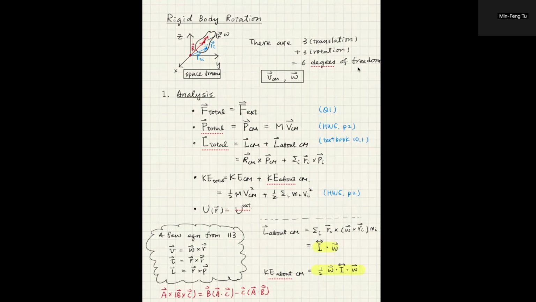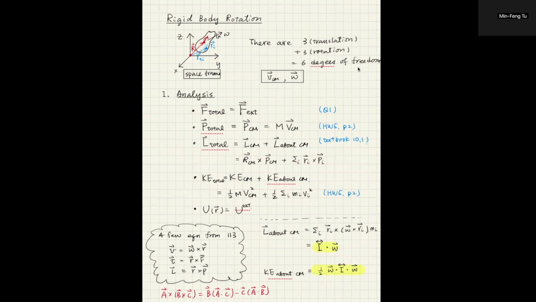Potential energy depends on R. Since all the distances between the particles are fixed, the internal energy will just give you a fixed constant. So I can always reset my constant. That constant will not affect my physics. So this is how I should think about my physics quantities in a rigid body.